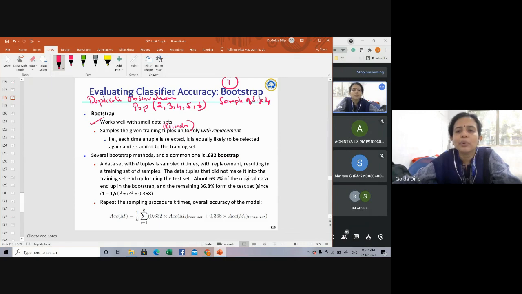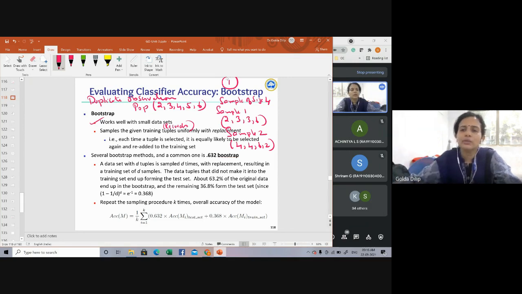Sample 1 can be 2, 3, 3, 6. See, it's getting repeated, duplicates are there. Then I can have another sample, let's say sample 2 can be 4, 4, 6, and 2. That's how you go ahead with the bootstrapping technique.